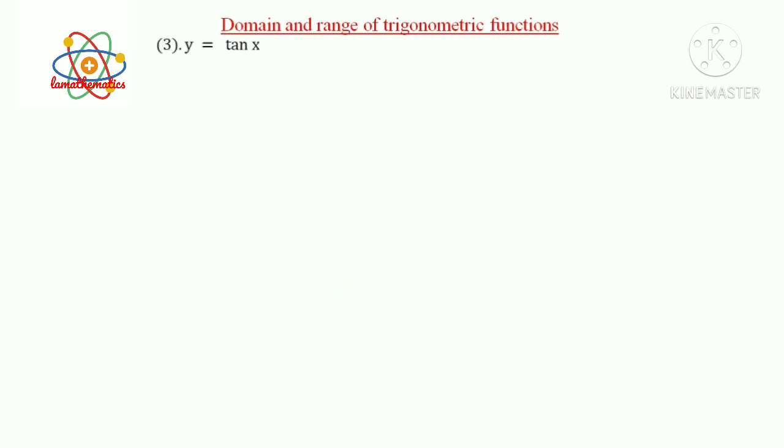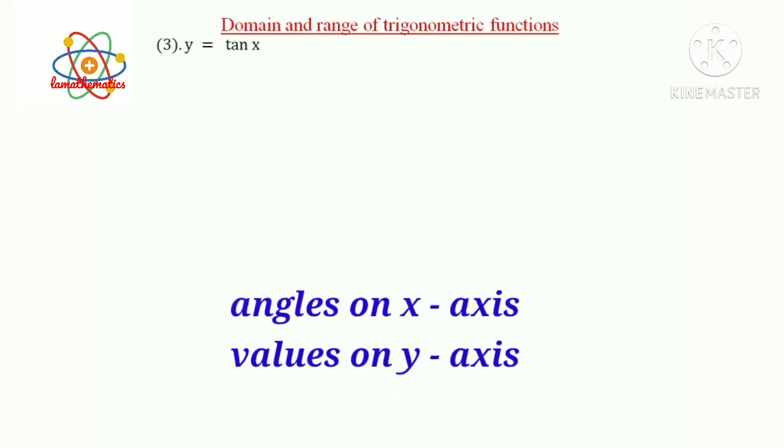Third, consider the graph of the tan function, that is, y equal to tan x. We plot the graph of tan x, taking angles on the x-axis and the corresponding values on the y-axis.